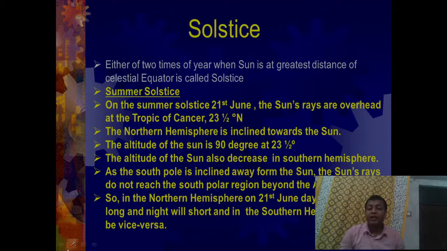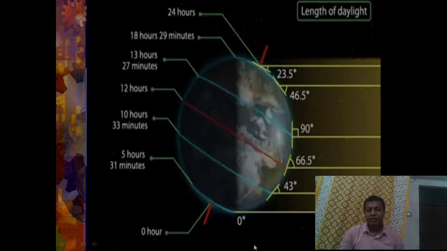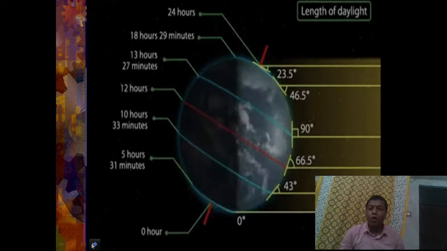Contrary to that, in the southern hemisphere we have a short day and long night. This phenomenon is called summer solstice, that is June solstice. Look at this picture again. I hope it is clear.